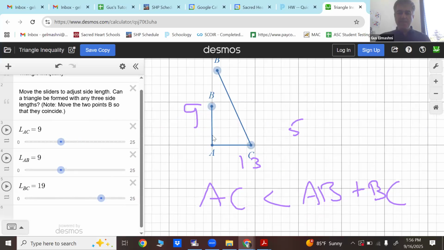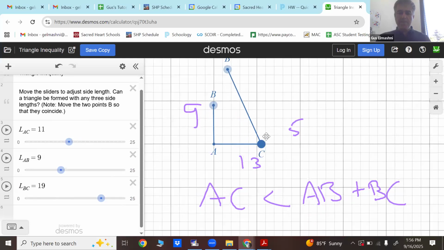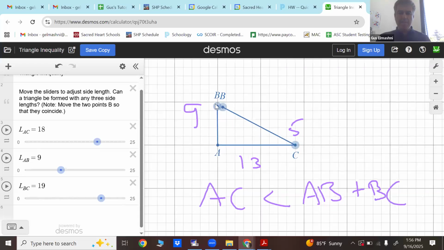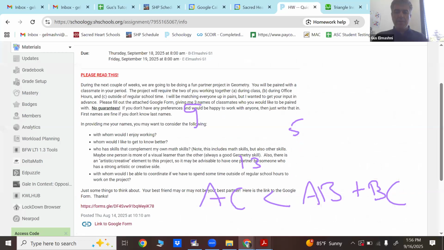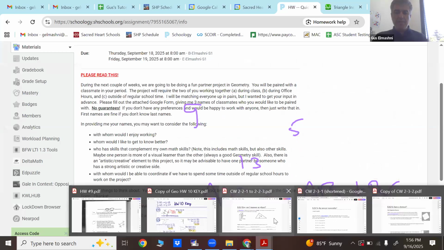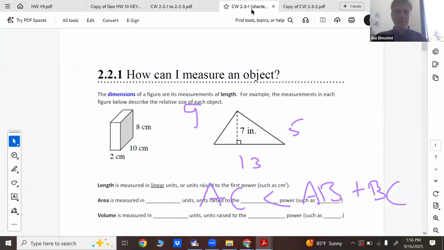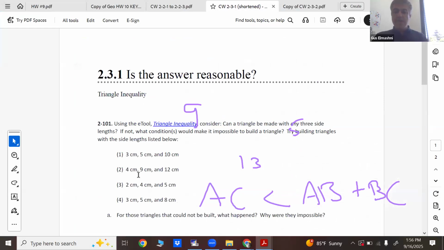But see now, I can get them to connect. So that's what's happening. Okay, so I think I made that point clear. So yeah, that's it. Just make sure that the longest side is less than the sum of the other two sides.